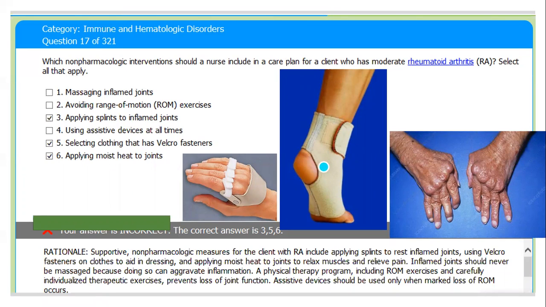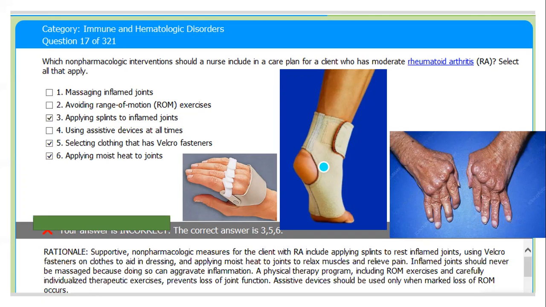Because in rheumatoid arthritis, sometimes patients have deformed joints or deformities. So it is very important to educate the patient on what they should do.